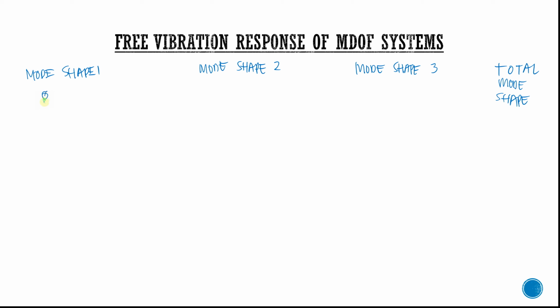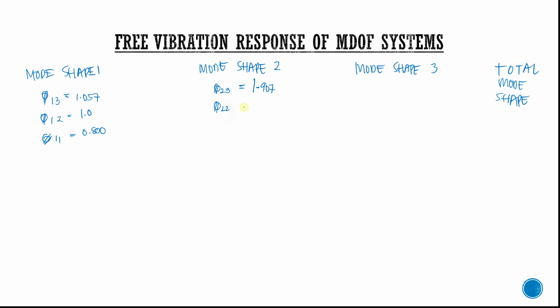Again, mode shape 1 for the third floor is 1.057. Mode shape 1 for the second floor is equal to 1.0. This is for all mode shapes. And mode shape 1 for the first floor is equal to 0.8. Now mode shape 2 for the third floor is, no, that is not negative, but a positive 1.907.